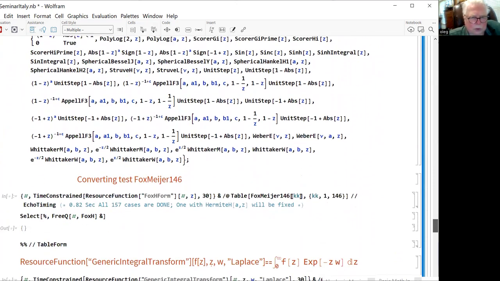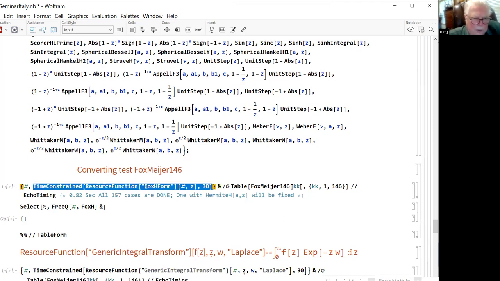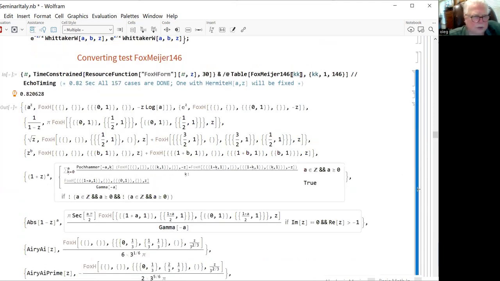We can load this test, and then we can run. What can we run? We can run the Meijer, Fox H form for each of these functions. I will not do this, but it works very fast. You see how many seconds we need for evaluation.